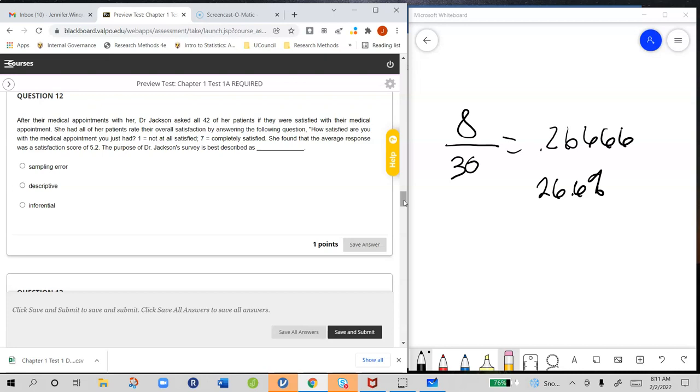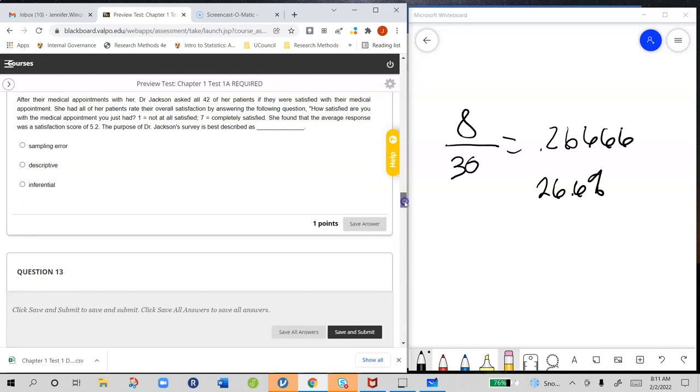In this particular case, the purpose is descriptive. She wants to look at only her patients and wants to know how satisfied her patients are. She's not trying to figure out how satisfied all patients of different doctors are, just her particular patients, and she looked at all of her patients. So that's descriptive.